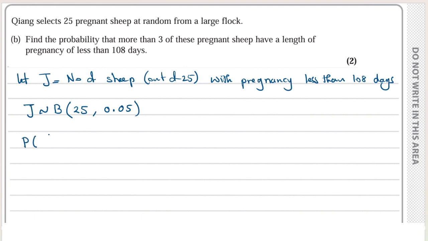And we need to work out the probability of J more than 3. Since we are working with a binomial distribution, which is discrete, this is the same as the probability of J bigger than or equal to 4, and that's the same as 1 minus the probability of J less than or equal to 3.